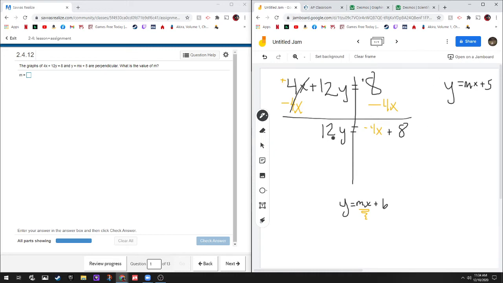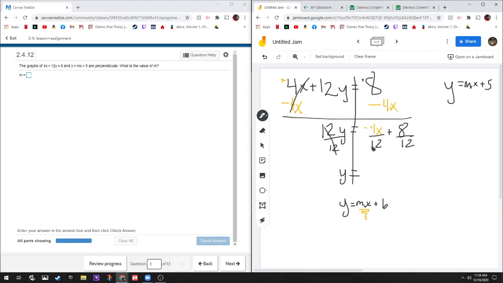So we're going to now, see how it says 12y? We wanted to say regular y. So we're going to divide by 12. And when I do that, I distribute that divide to everything that's separated by pluses and minuses and equal signs. So I divide everything by 12. 12 divided by 12 is 1, and the y is left over.